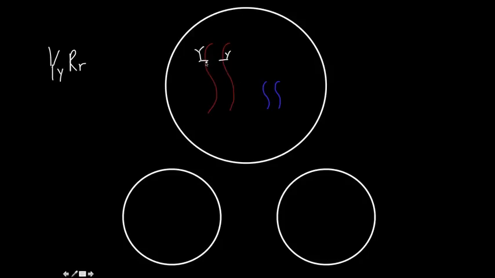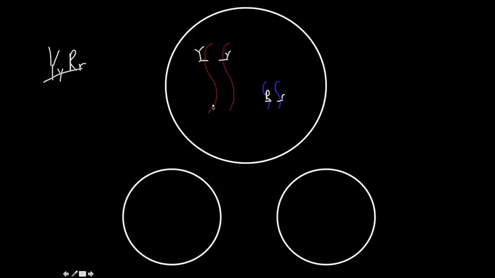So this has instructions for making yellow seed color, and this has instructions for making green seed color. And let's say on another pair of chromosomes we have the gene for the seed texture, and we know based on the genotype that this plant got a round allele from one parent and a wrinkled allele from the other. So that's really what's going on when we write the parents' genotypes like this.